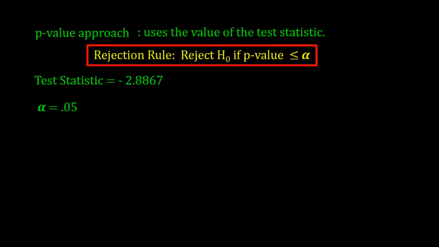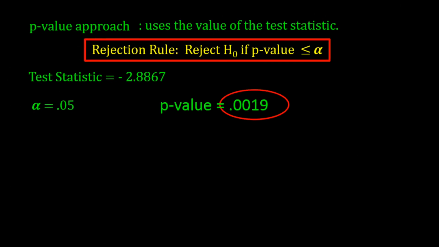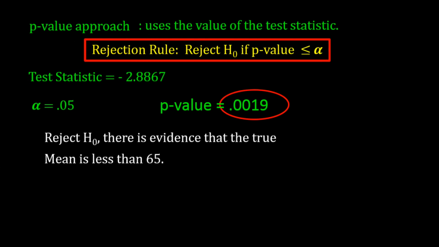So now that we found the p-value of 0.0019, the next step is to compare it with alpha. Take a look at the rejection rule. It says that we should reject the null hypothesis if the p-value is less than alpha. Is it? Yes, 0.0019 is less than 0.05, and therefore we reject the null hypothesis and find evidence for the alternative hypothesis that the true mean grade is less than 65.